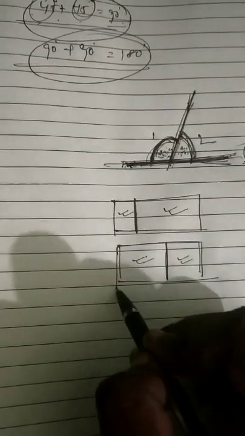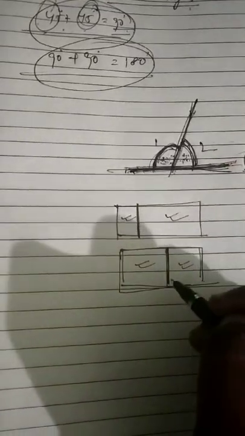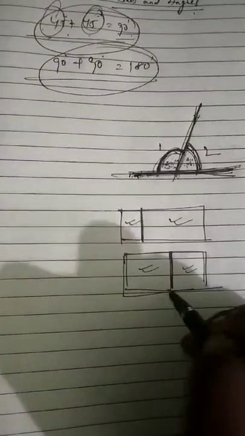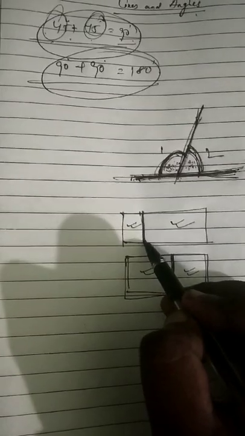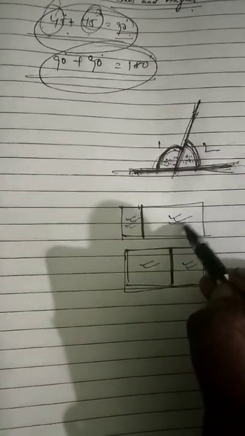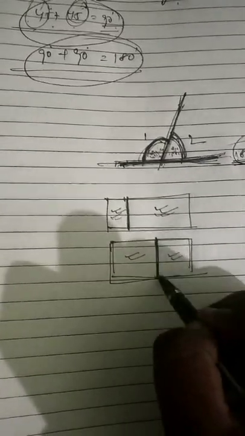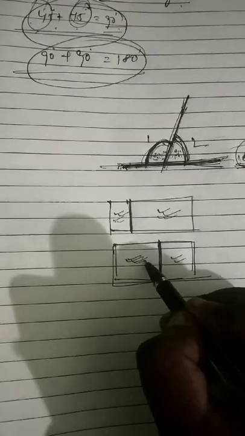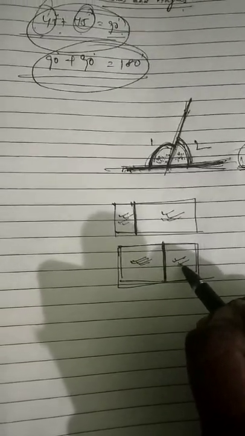Because my room is common, the size of each room depends on the partition, where I'm giving it. If I give the partition over here, this room's space will be shortened, this room's space will be extended. If I give a partition over here, this room's space will be extended, this room's space will be shortened.